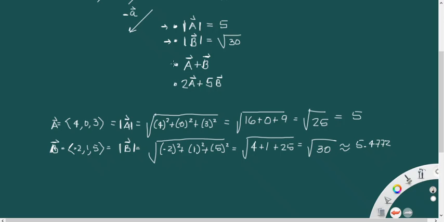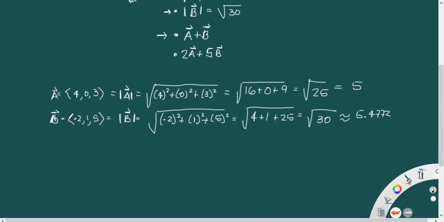Okay, let's do the third one. A plus B. So vector A plus vector B. If you remember, we're going to add each one of these components by axis. So this is equal to 4 plus -2, 0 plus 1, and 3 plus 5.